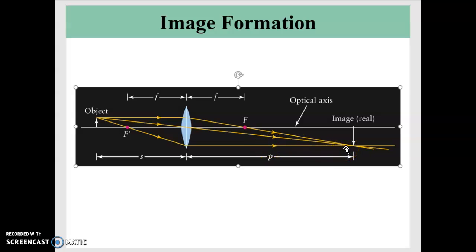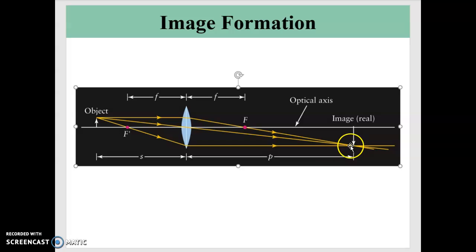And for a simple lens, these three beams, and in fact all other beams that hit the lens will also meet right here. It's just that these are the three easiest beams to analyze mathematically. And so all of the beams that are emitted from the object that pass through the lens will converge at this point where my image is.